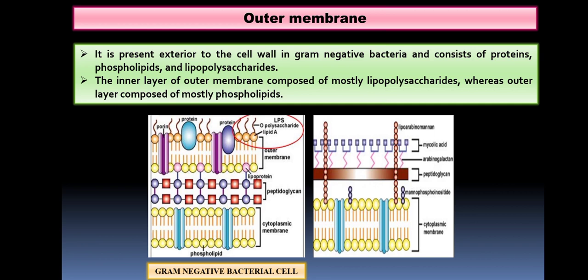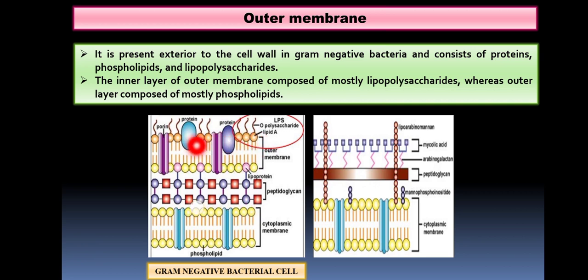It consists of protein, phospholipid and polysaccharide. The inner layer of the outer membrane consists of lipoprotein, whereas the outer layer consists of polysaccharides. This polysaccharide acts as a protective barrier against hydrophobic compounds such as detergents and bile salts, and it maintains the integrity of the membrane.